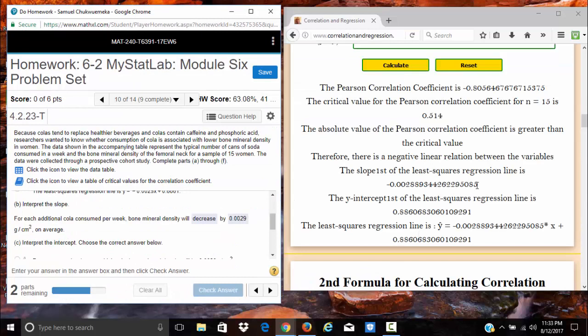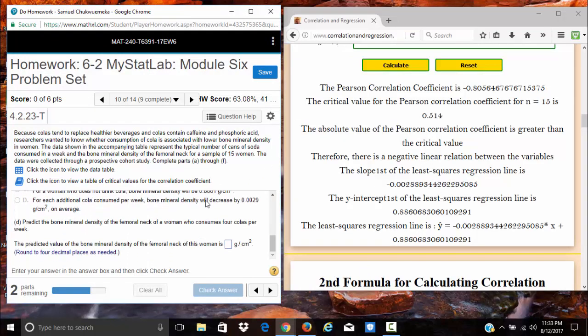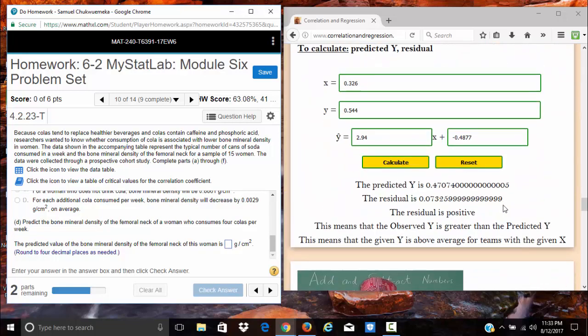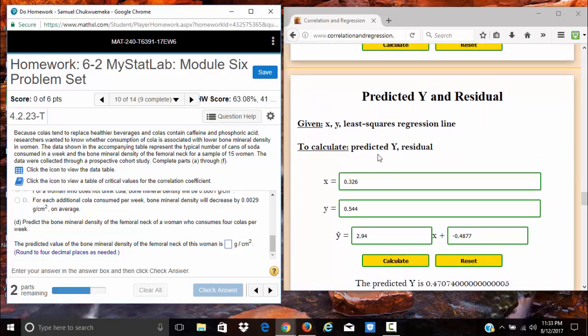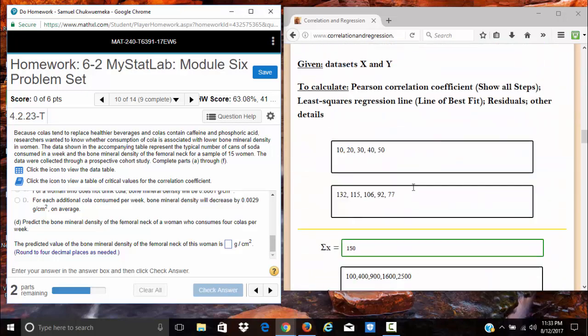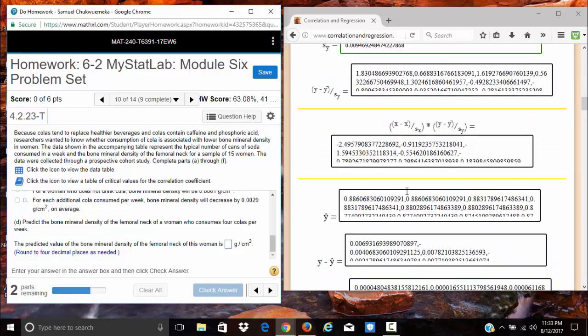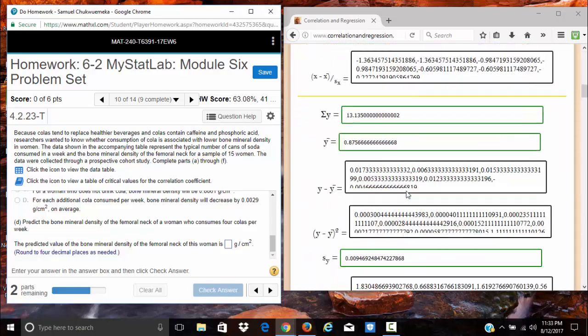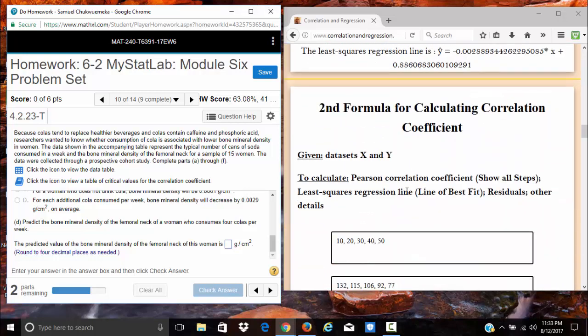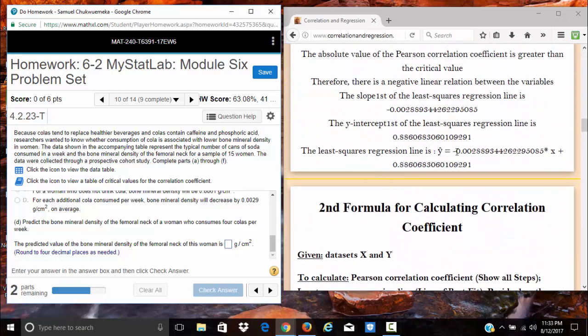So we need the least squares regression line, and that is, if you scroll down here, predicted y. I know they probably used the rounded value, but I'm not going to use the rounded value. If you use the rounded value, that's fine, but I'm going to use the actual value.